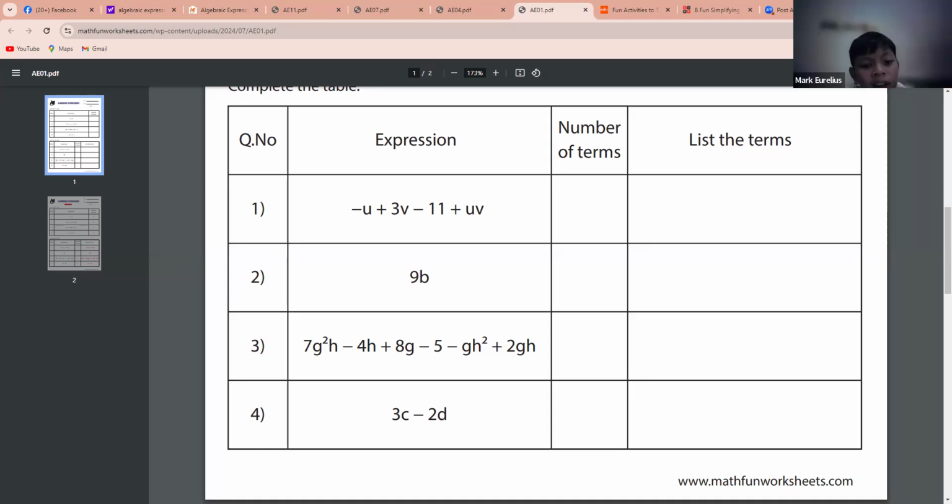I think number 1 is 4. Oops. Okay. So, who is done? Nobody's done yet? Or can we at least try to reveal the answer now so that you can check your answers? Then you will know if you understand the lesson.